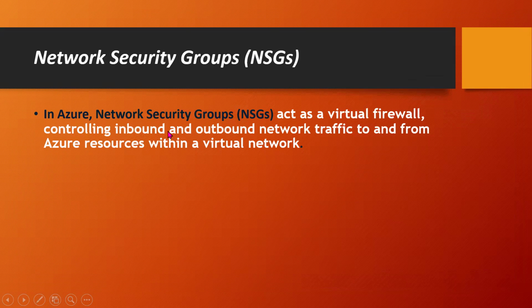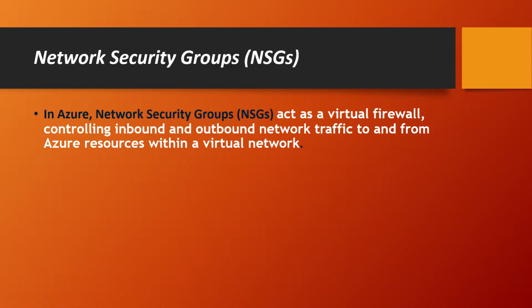So first let's understand what this network security group is. In Azure, a network security group acts as a virtual firewall. What does a firewall do? A firewall allows the particular network traffic that you want to pass, controlling the inbound and outbound network traffic.